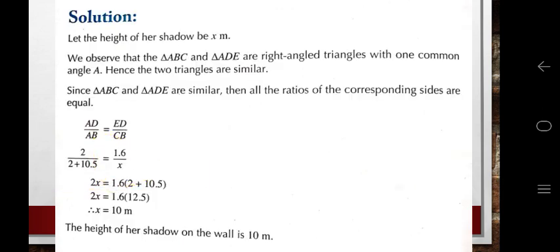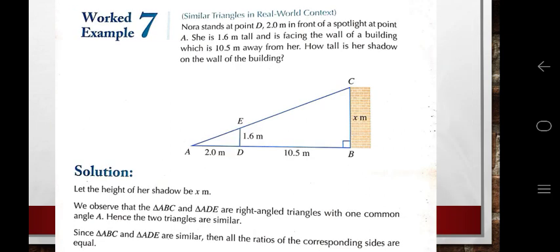Is it the same? Oh yeah, the same thing. Again, mine was x over 1.6 equals 12.5 over 2. The same thing, right? It's just that they're both flipped upside down. You will get the same answer. It's just a matter of how you view this. They write the small triangle first.